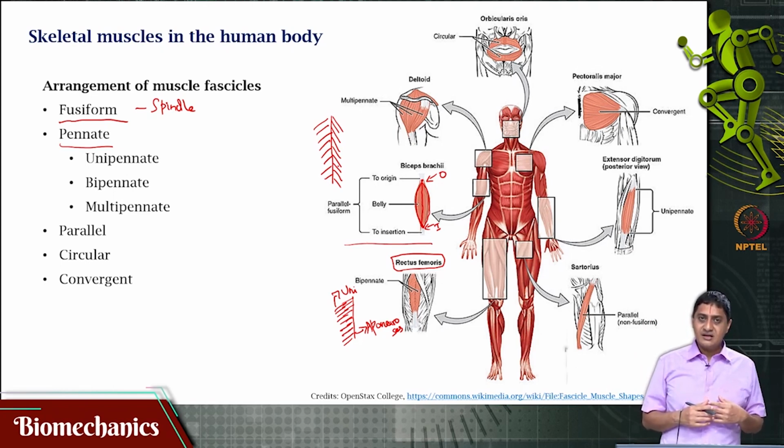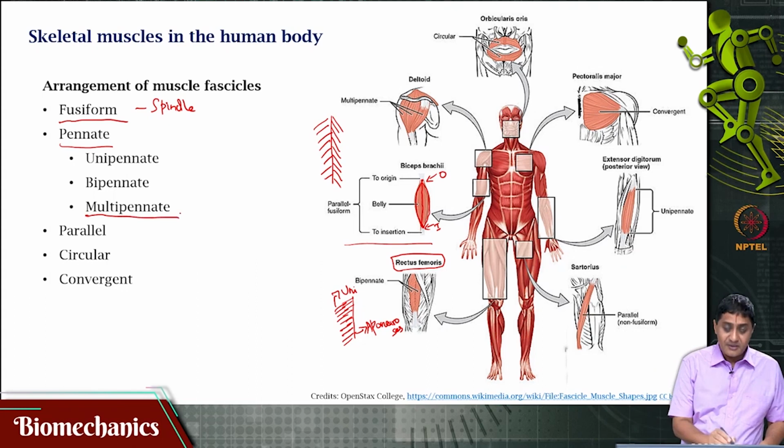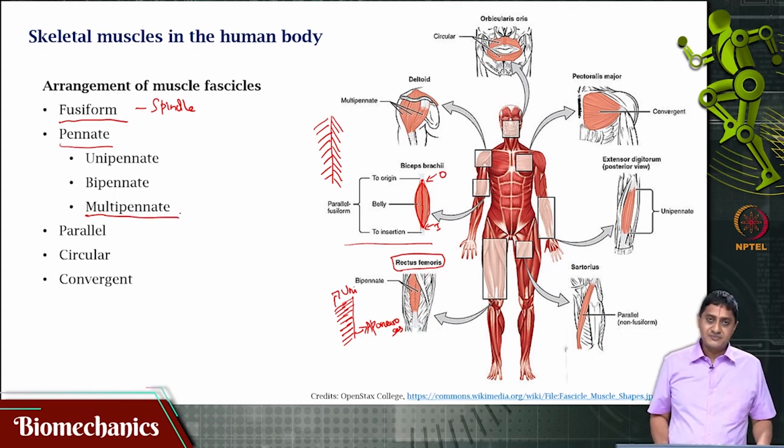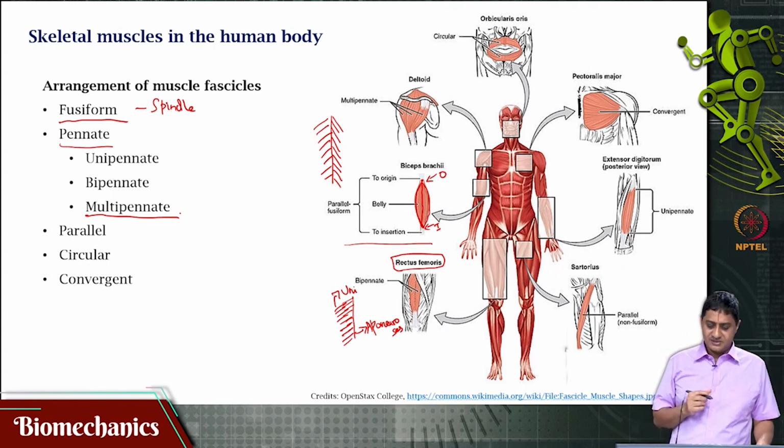Sometimes there are multiple orientations in which these parallel fibers are present in the same muscle attaching to the same internal tendon. If there are many such parallel fibers attaching at different angles to the internal tendon, that is called a multipennate muscle.